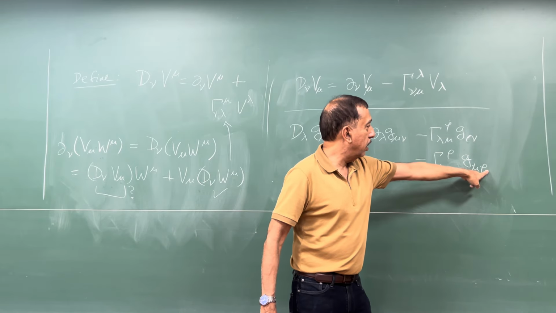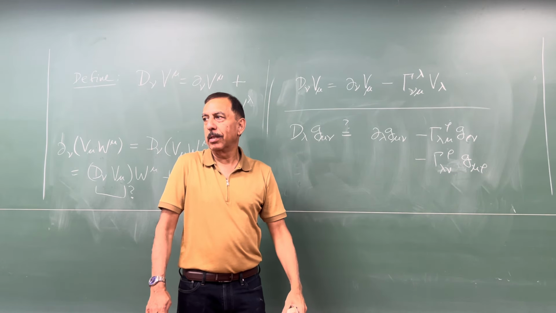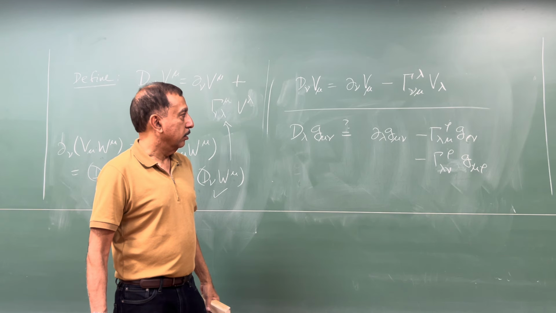When it acts on the index nu, this index gets replaced and contracted. So that's how we write it. So this is the answer.